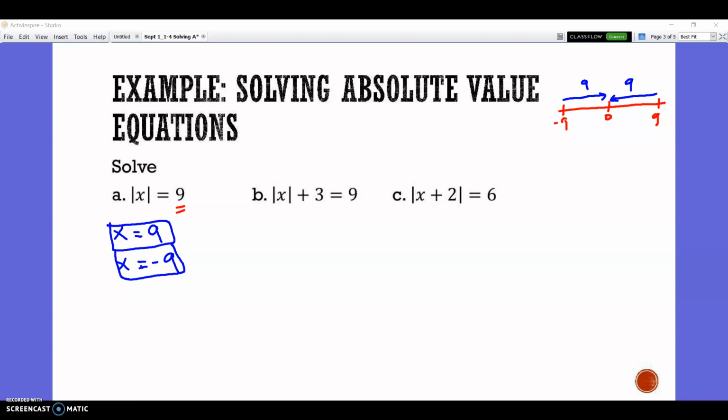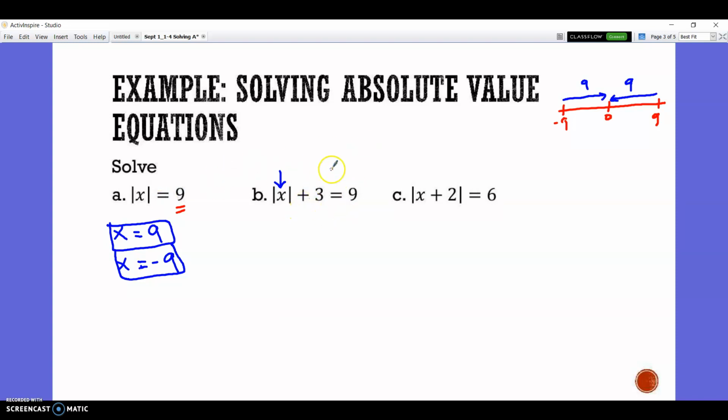Okay, so for the second one, the absolute value of some number plus 3 is 9. So what number plus 3 is 9? Well, 6, obviously, right? So that means that whatever number is inside here has to have an absolute value of 6. What 2 numbers have an absolute value of 6? There's 6 and -6.